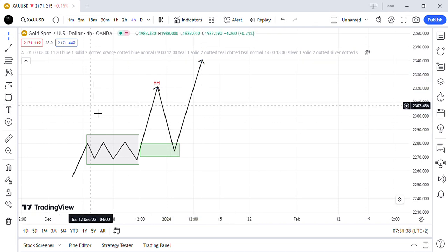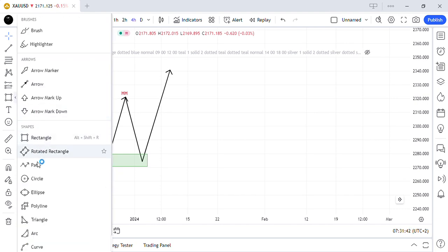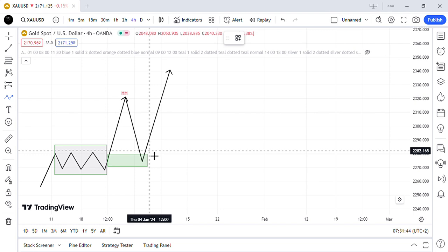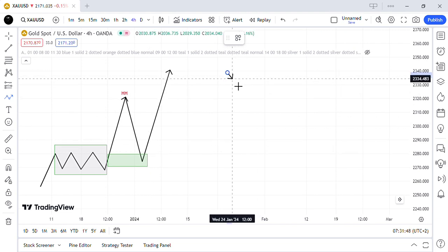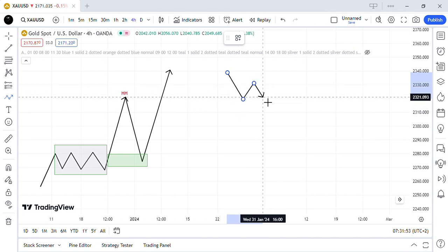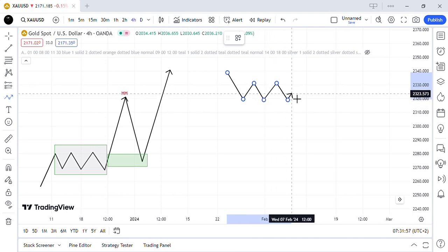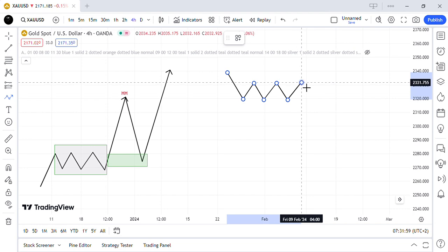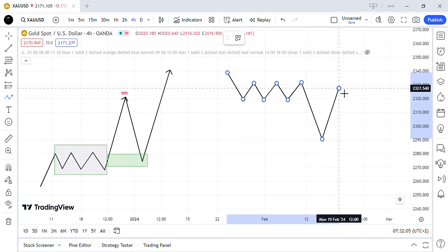Let's do it the other way around. We call it a continuation pattern. Now the downtrend, it will do like this, comes back, breaks the structure, then comes back.